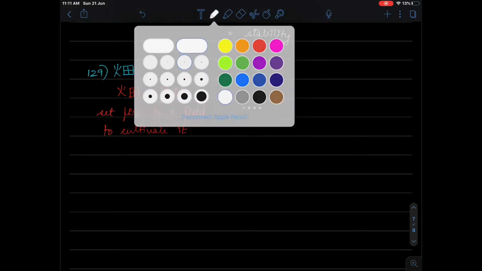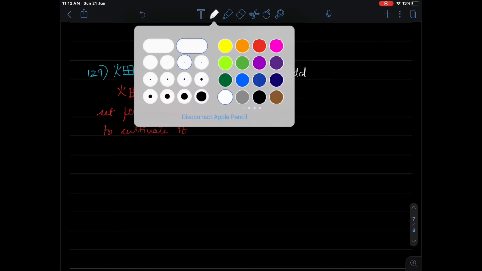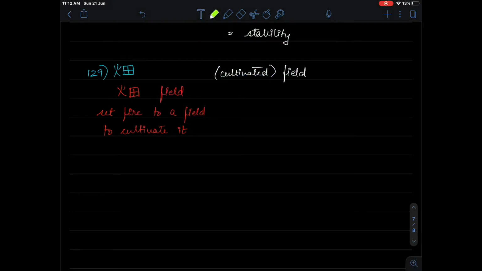Okay, in order to cultivate it. The meaning is cultivated field. Okay, cultivated field. And let's have a look at the on and kunyomi.